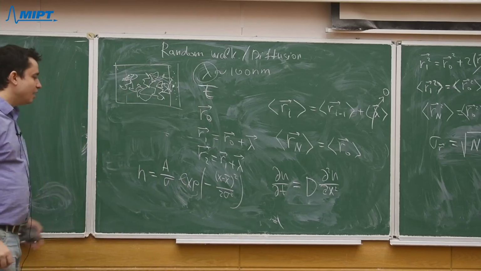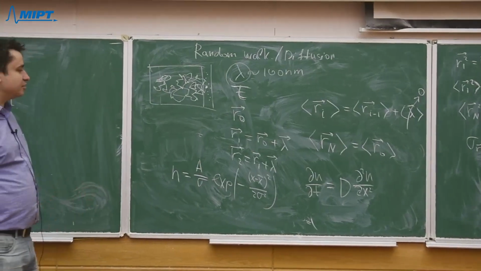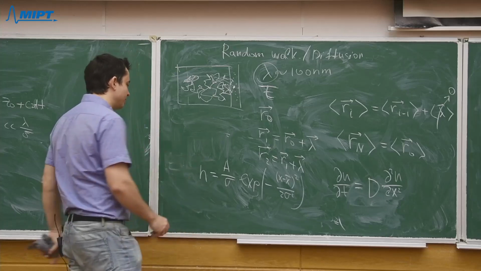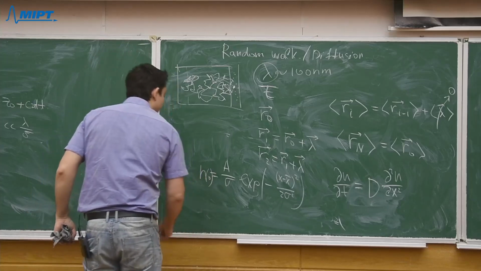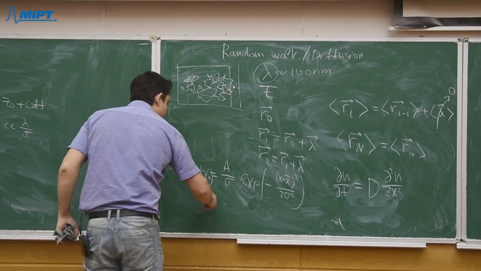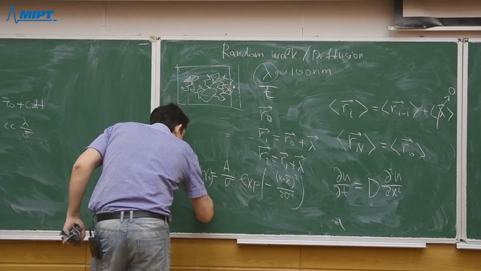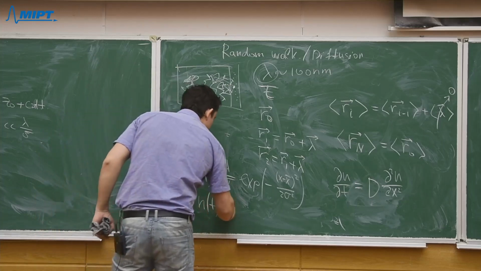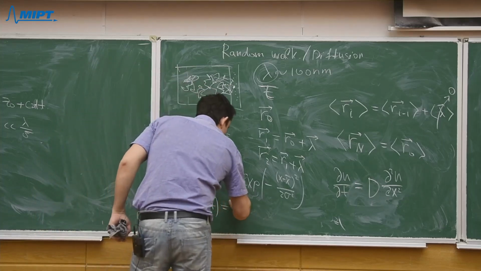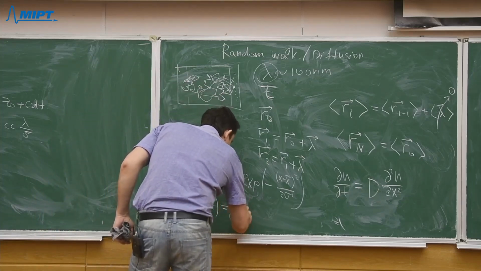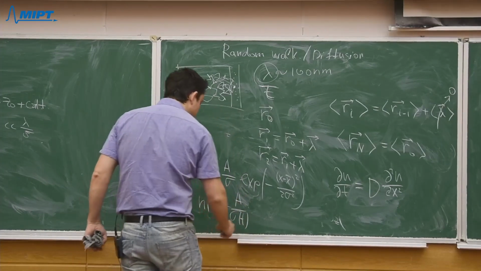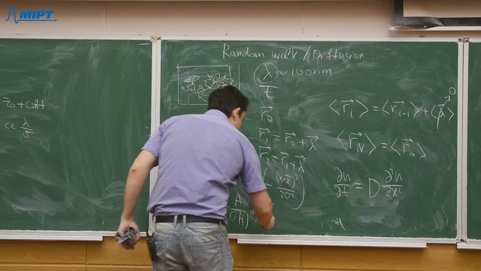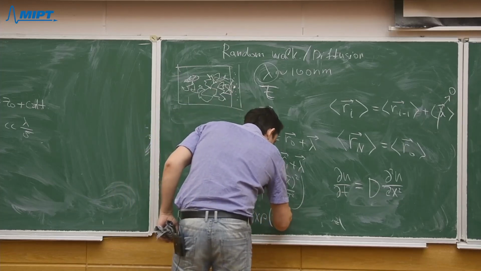Then as you allow this distribution to propagate over time, the number density at the time t would be the same Gaussian distribution, but this deviation would be slightly different.